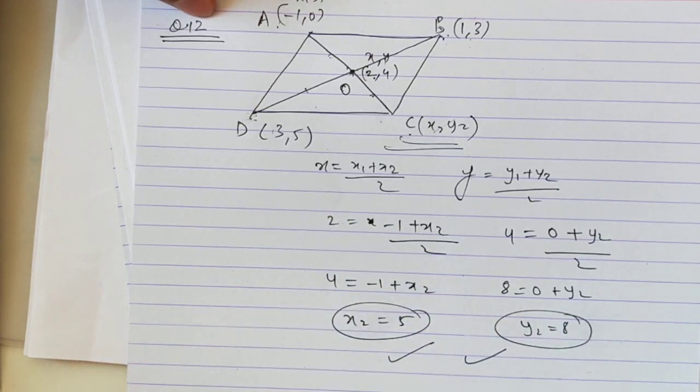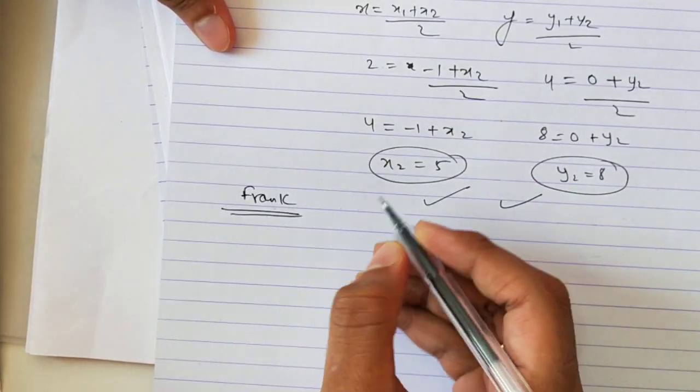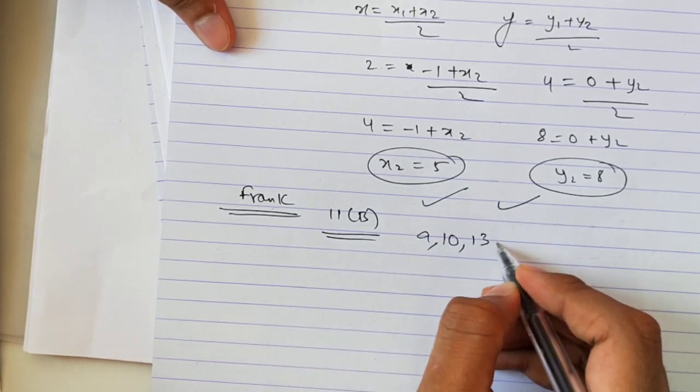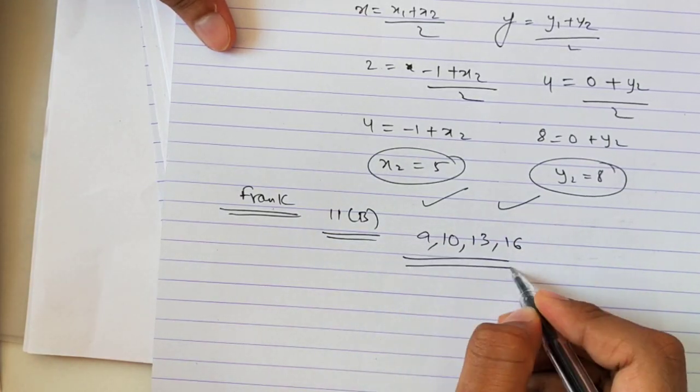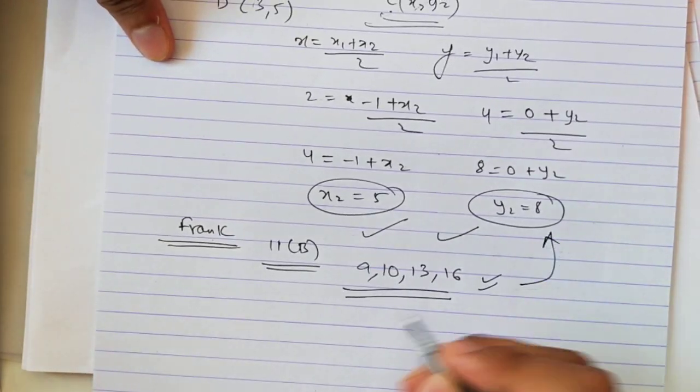Because in Frank, in exercise 11b, question numbers 9, 10, 13 and 16, I'm writing here, you can note down the sums if you want, are based on the same concept.